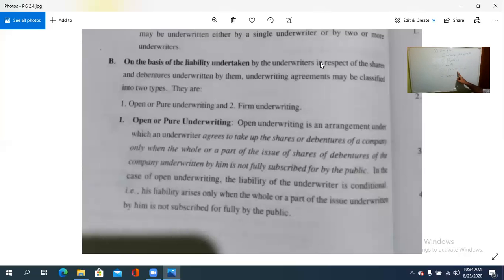What condition? This one, that arises only when the whole or part of the shares underwritten by him is not subscribed fully by the public. If the public has not fully subscribed, only that unsubscribed portion will be liable under whom? The underwriter. That is the open or pure underwriting.